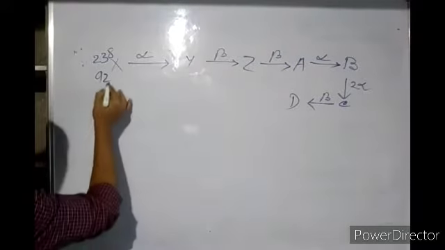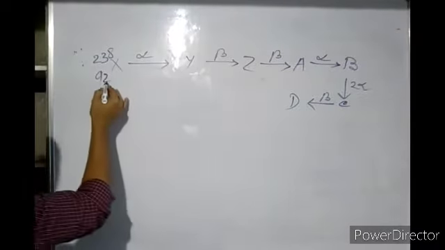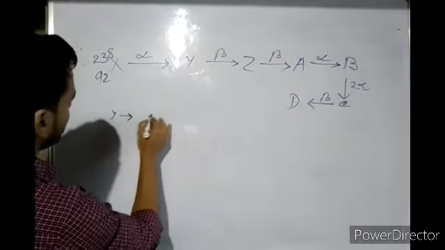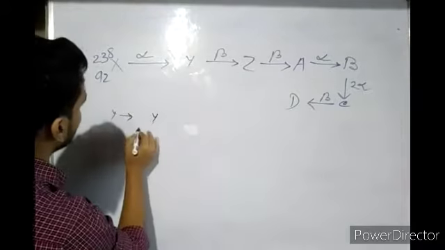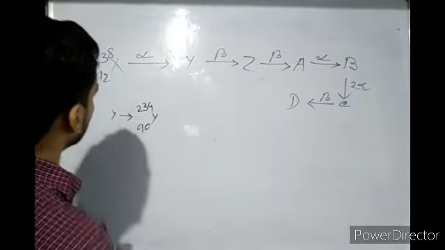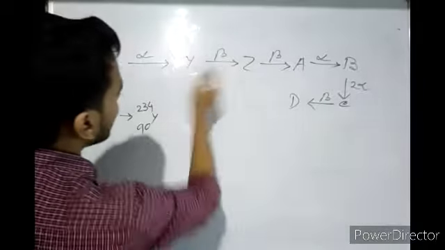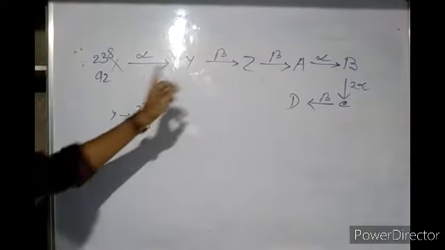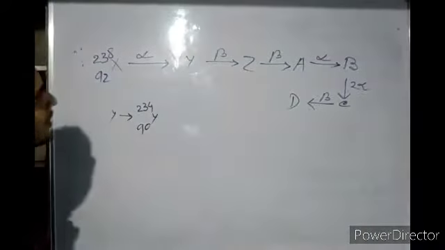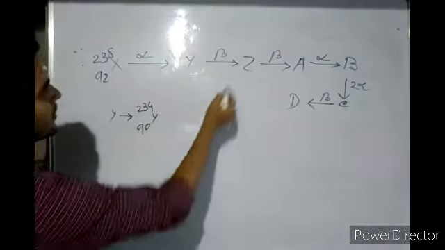We know that if an alpha particle is emitted from a radioactive nucleus, the atomic number decreases by 2. Then Y should be atomic number 92 minus 2, 90, and mass number decreased by 4, that is 234. Then one beta particle is emitted. When one beta particle is emitted, there is no change in mass number, but the atomic number is increased by 1 in the daughter nucleus.